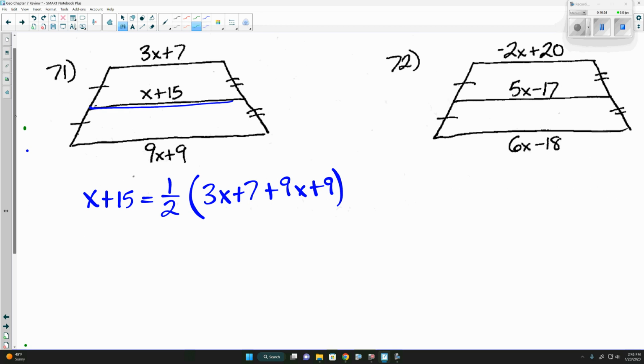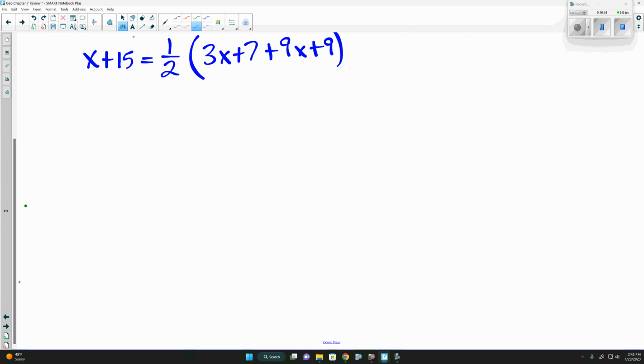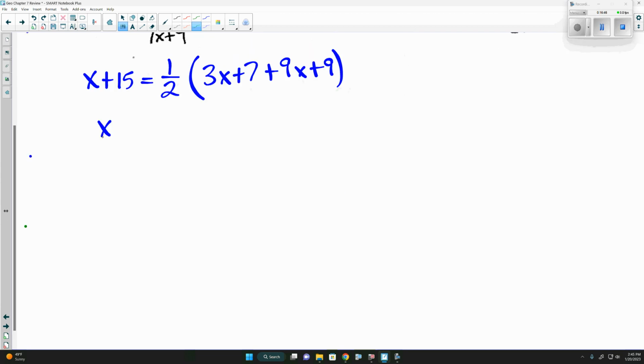Yes, because the mid-segment's equal to half the sum of the two bases. Now, the first thing we can do here is combine like terms. So 3x plus 9x is 12x. Plus 7 plus 9 is 16.